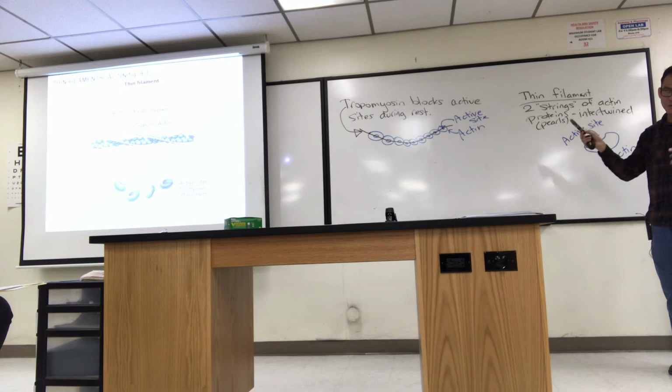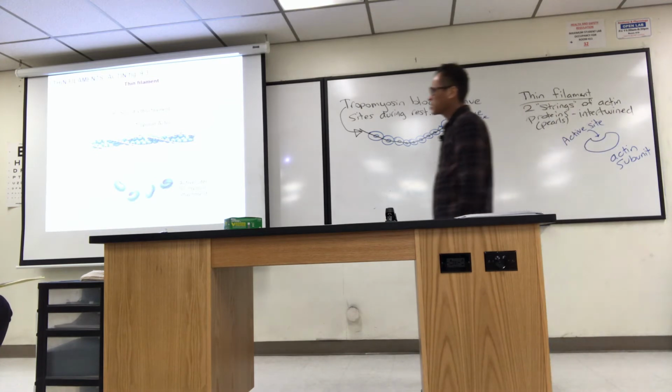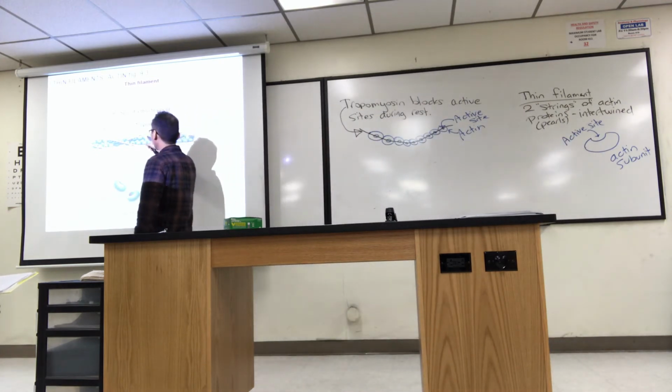Now if you look at the picture, do you see little yellow things? Look for yellow. Do you see it? That's very important too. Yeah, yellow. That's called the troponin. And that actually has 3 subunits right there.